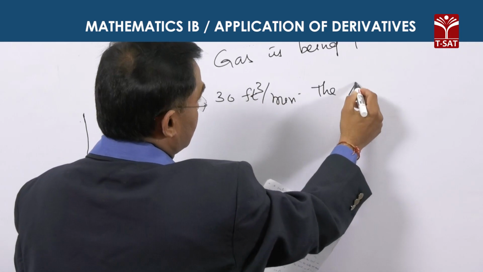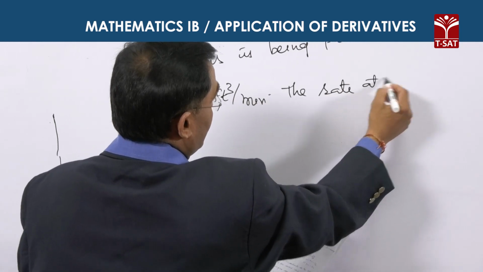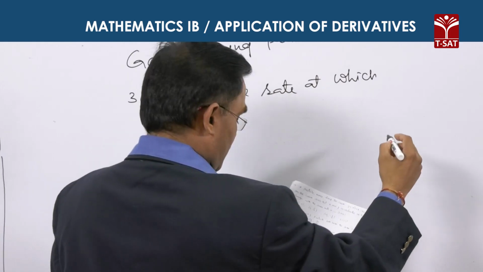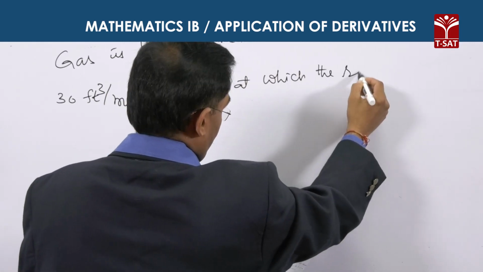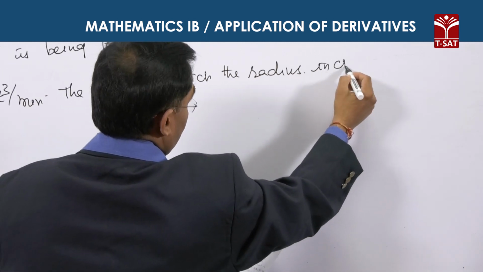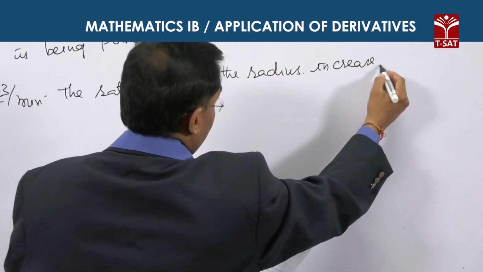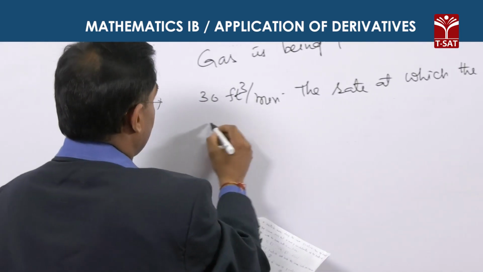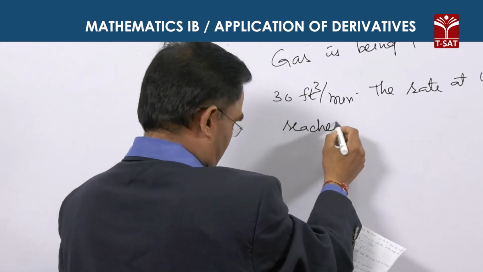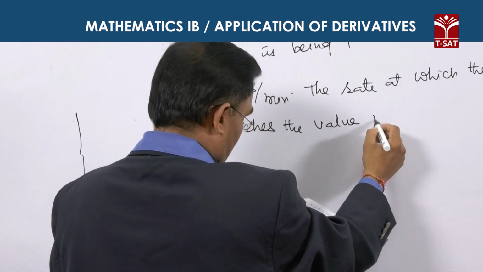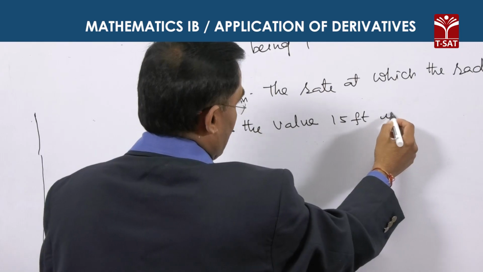The rate at which the radius increases when it reaches the value 15 feet is dash.